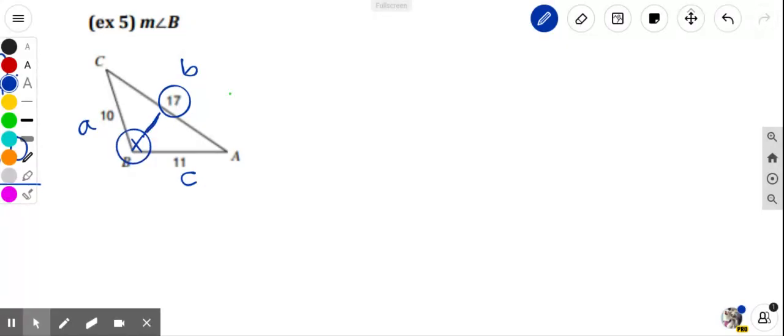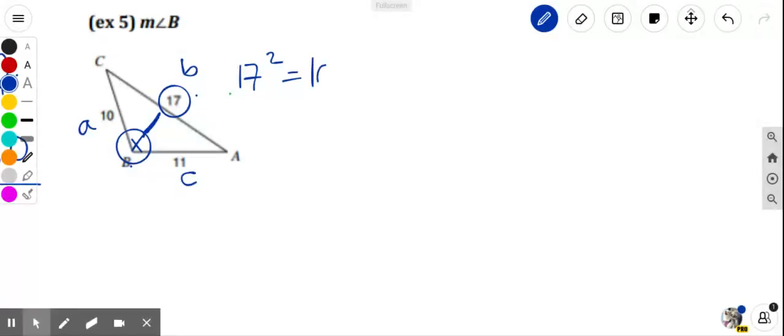So these two go together. This is the angle that goes all the way to the right on the equation, and this goes all the way to the left, the 17. So let's plug it in. It's going to be 17 squared equals, so that's b squared equals a squared plus c squared.